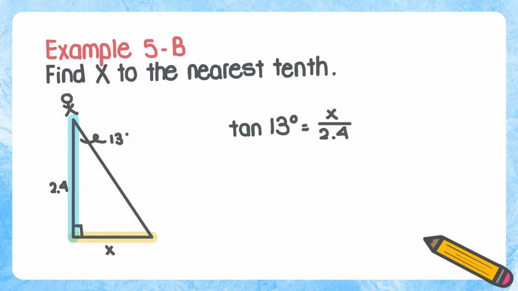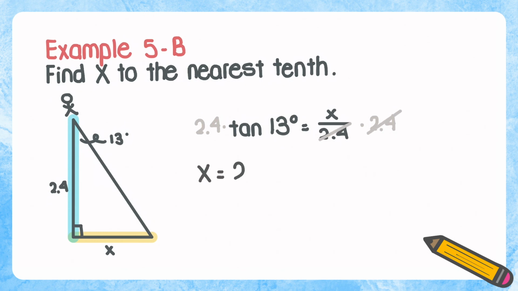And here's our last example. So part B of example 5, we had that the tangent of 13 degrees equals x over 2.4. To solve for x, we multiply by 2.4 on both sides. And this cancels out, this part right here.